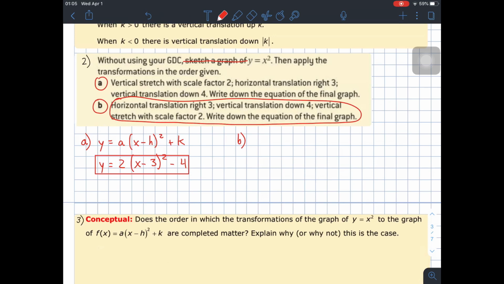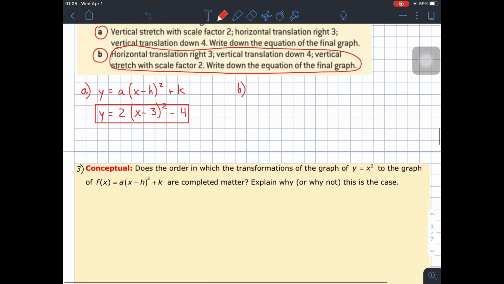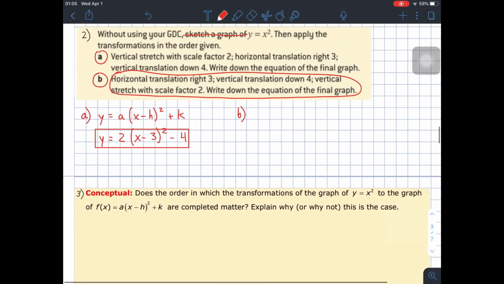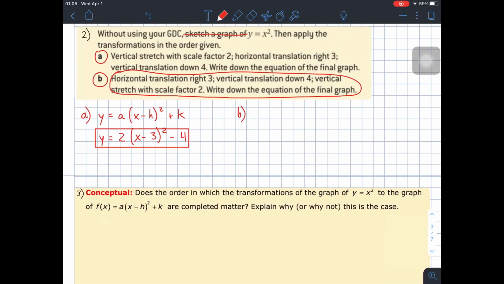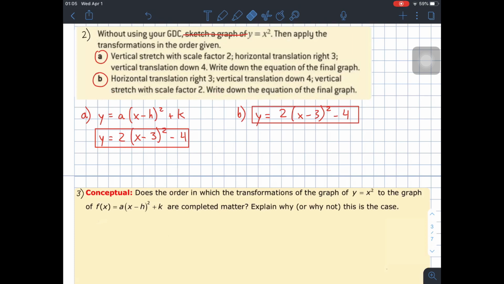But as we're not graphing this, I will not be able to show you, but I'm going to explain it in question number 3. So we're going to leave this apart. The equation would be the same thing, just 2 times (x minus 3) squared plus minus 4. Okay, so we're just going to leave it like this for now.